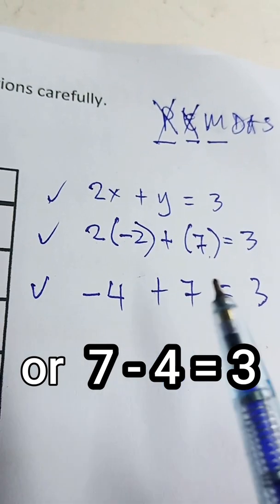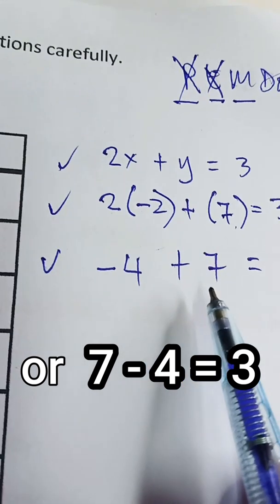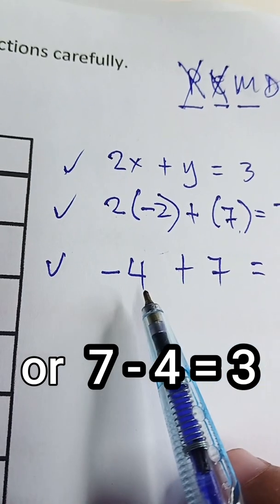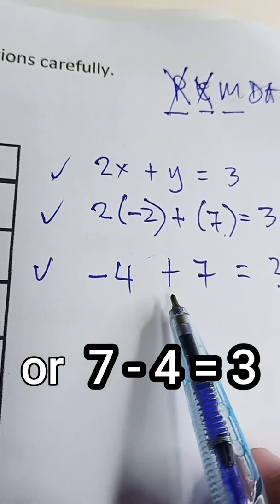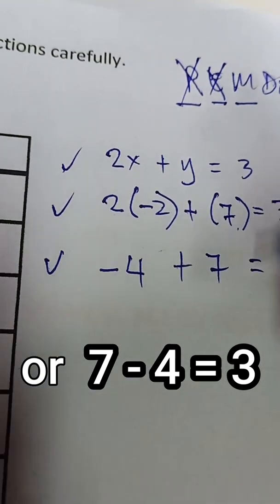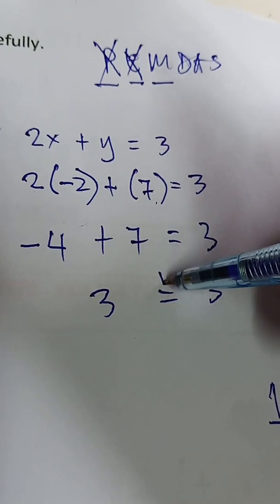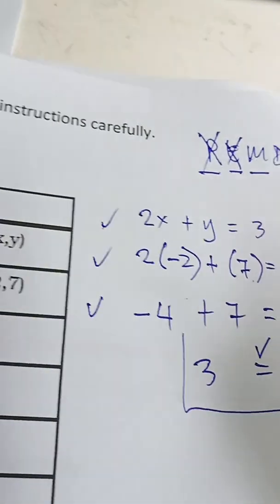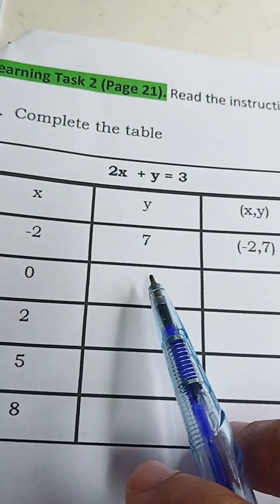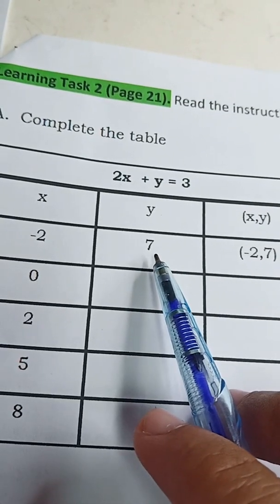Then, we will follow the sign of the bigger number. Since 7 is bigger than 4, we will follow the sign of 7, which is positive 3. So as you can see, we have a balanced equation. So the given here in y is correct.